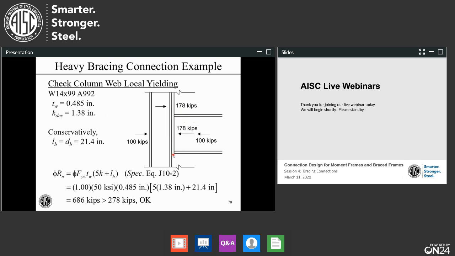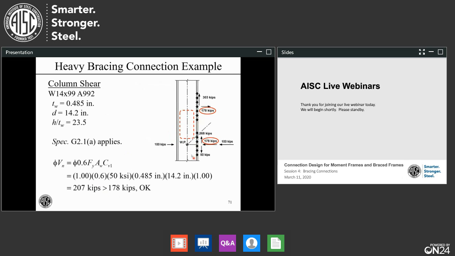If this plate was extended down a little bit, you might spread the load through that plate a little bit like you see in Design Guide 24, and also the other direction. I'm just conservatively not doing that. I'm just going to use the beam depth only. And from this, going in here, we get 686 kips, so it's also okay by a wide margin.